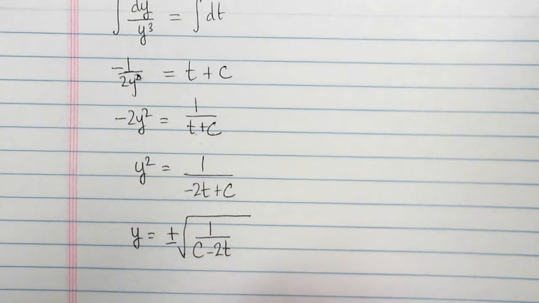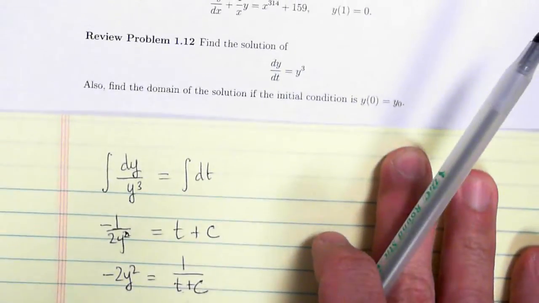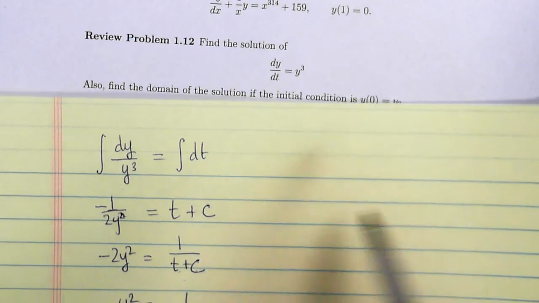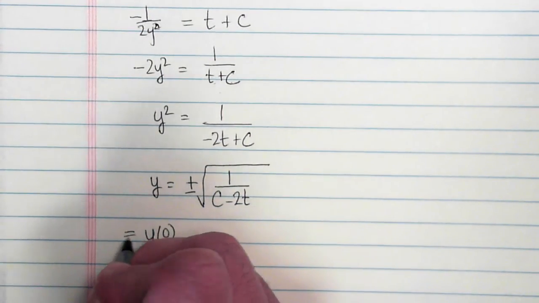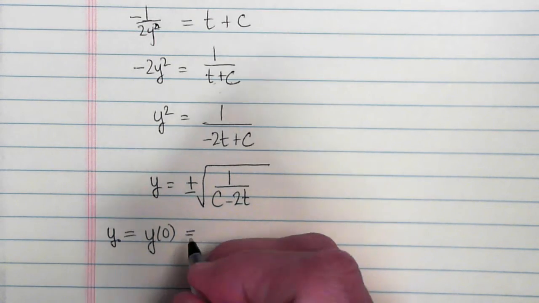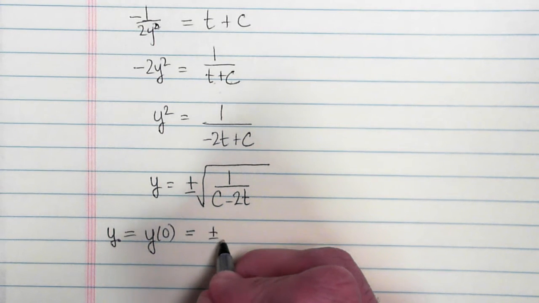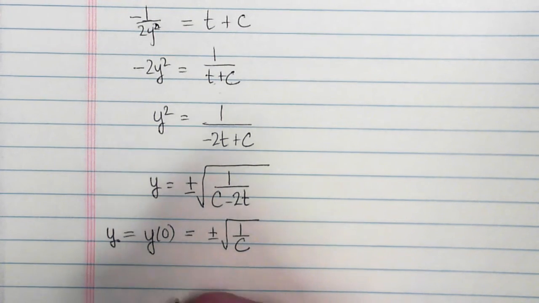Okay, now let's use the initial value. We know that y(0) is equal to y naught. So if I plug in 0, I get my initial value y naught. That's going to be equal to plus or minus the square root of 1 over c. Okay, now to solve for c, let's square both sides.